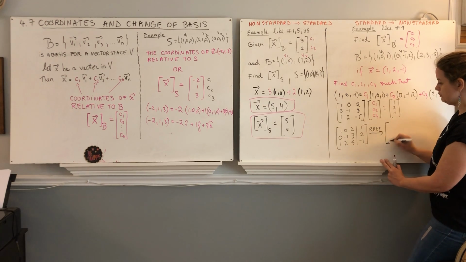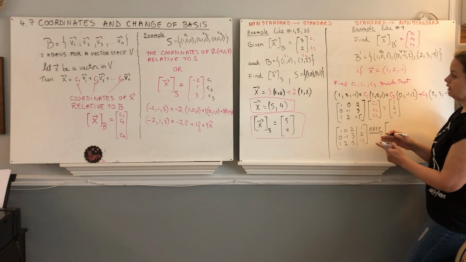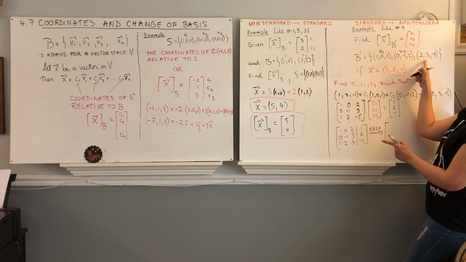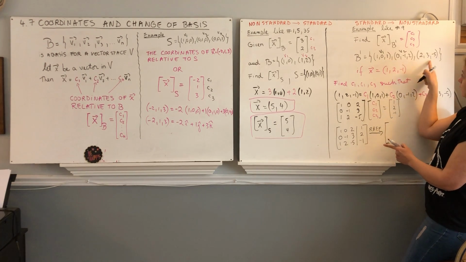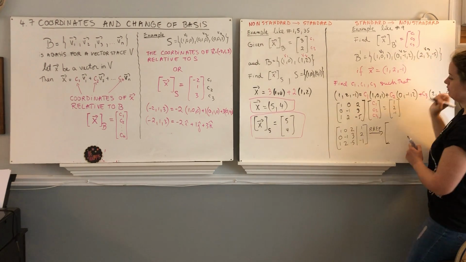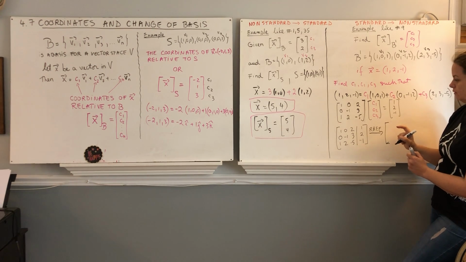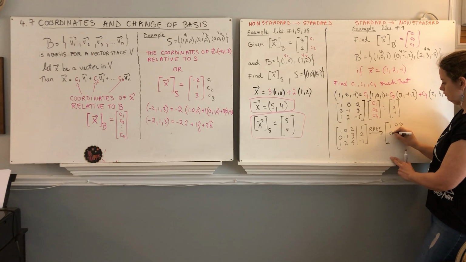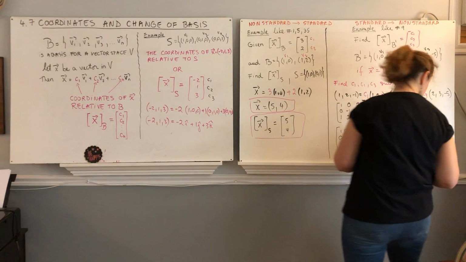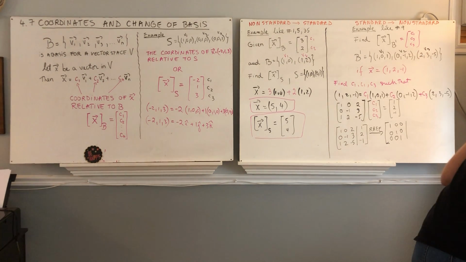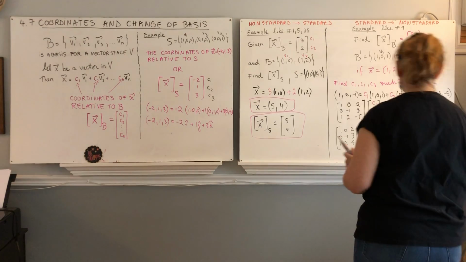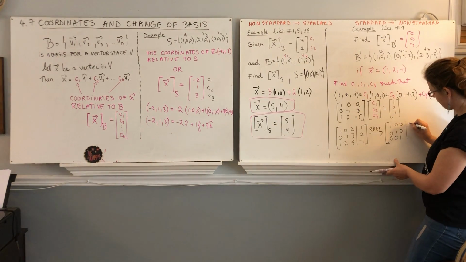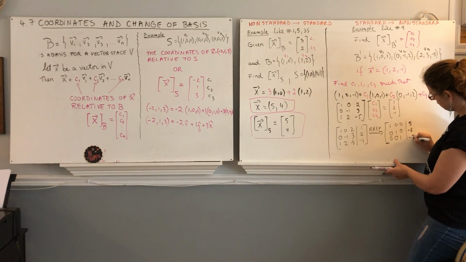This one happens to have a unique solution. It will have a unique solution because this is a basis, right? These are linearly independent. They're going to give you a unique solution when you row reduce this. And the coefficients, once you row reduce it, are going to be 5, -8, -2.